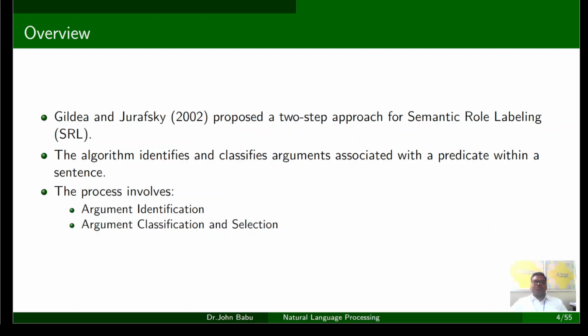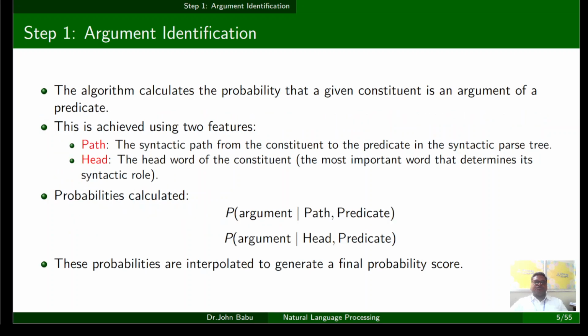Those two processes we can see in the machine learning process. Firstly, we have to identify which are the arguments. So the algorithm will calculate the probability that a given constituent is an argument of the predicate or not.